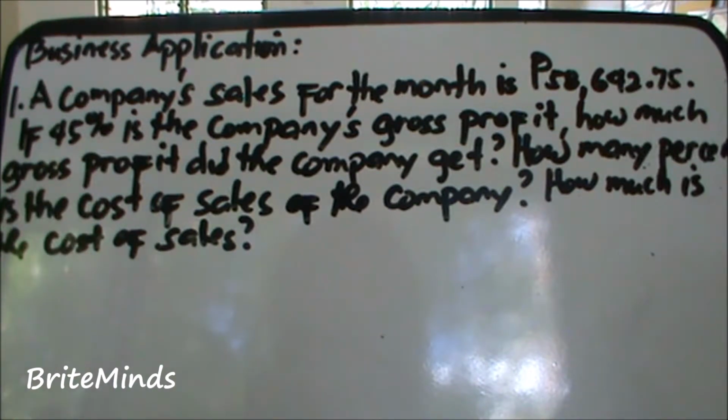How many percent is the cost of sales of the company? How much is the cost of sales? So first things first, we need to determine what are the givens in the problem so that it will be easier for you guys to answer the questions.